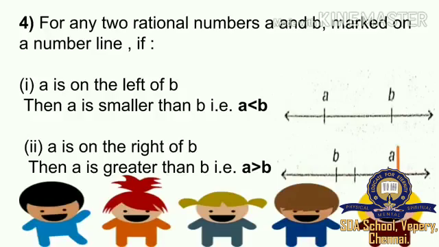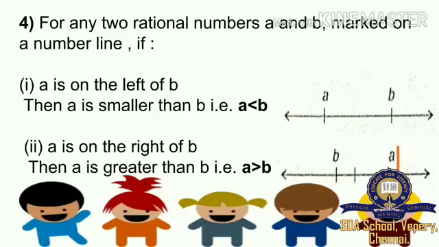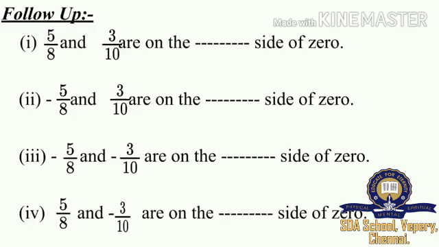For example, here is the 0 point, right? This is the center point. We will assume that as 0, and here it will be positive 1, and here it will be negative. So on which side is it greater? On the right side, right? Here you can easily see that 5 divided by 8 and 3 divided by 10 are on the same side of 0.